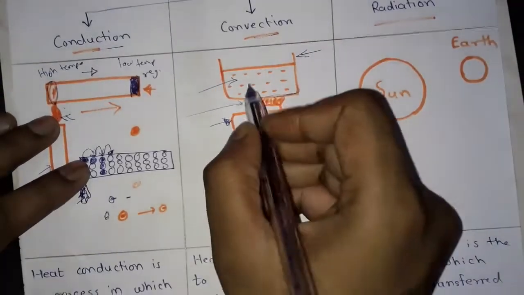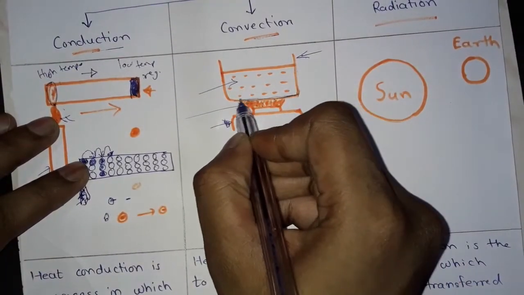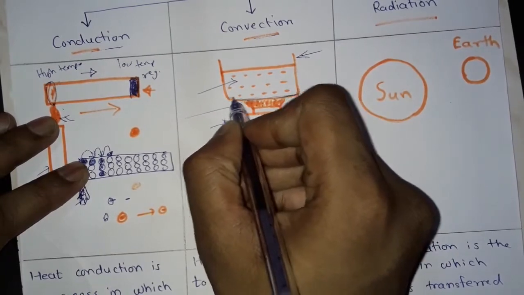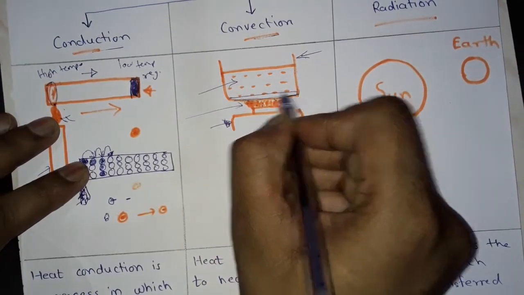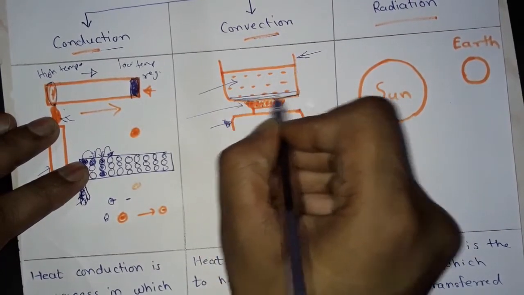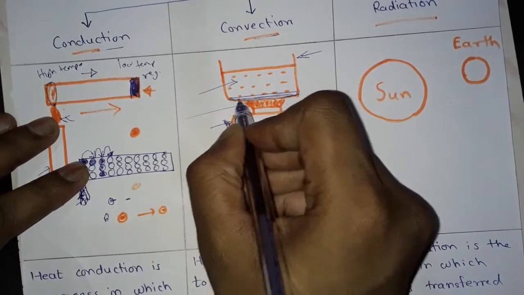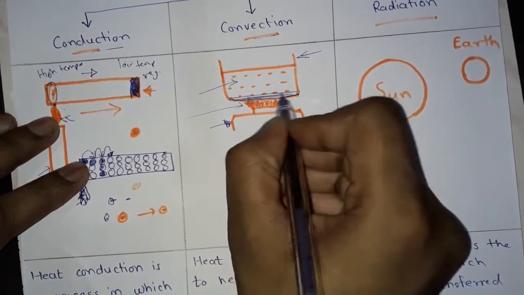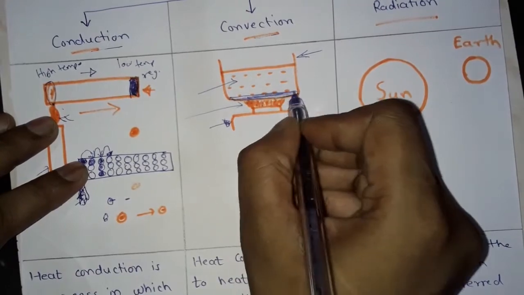This hot pan transfers heat to the layer of water near the base of the pan through conduction.